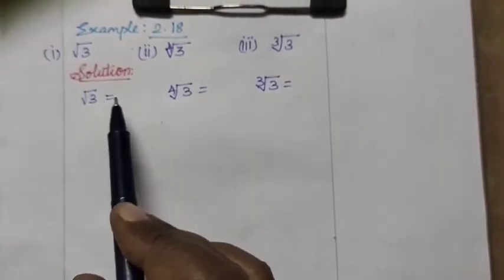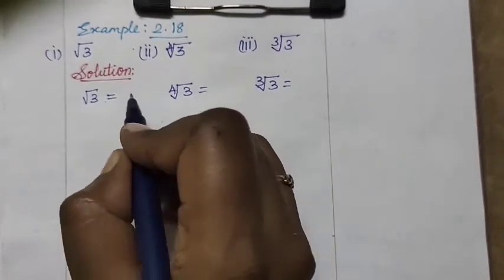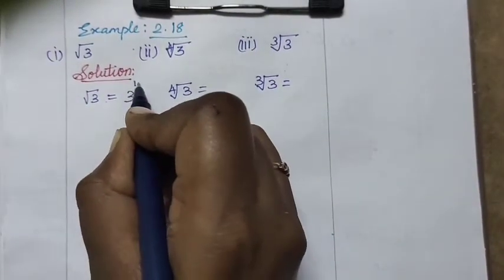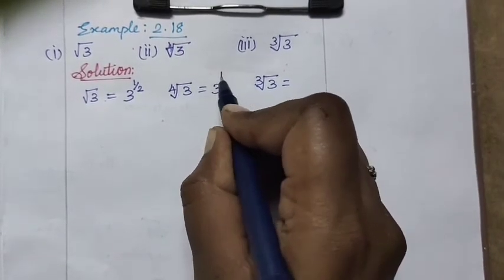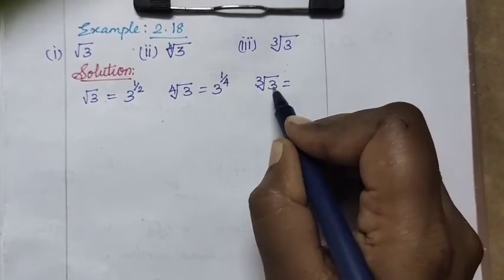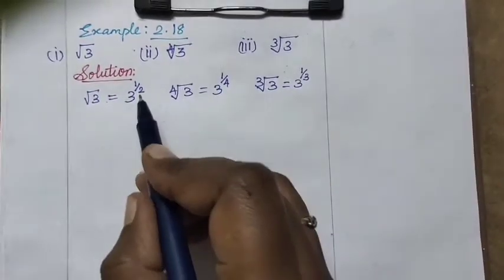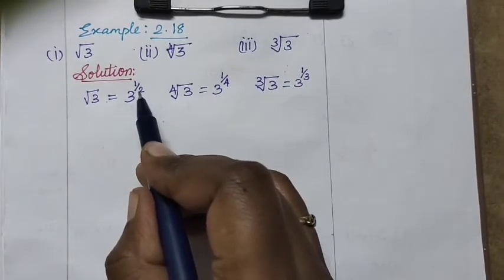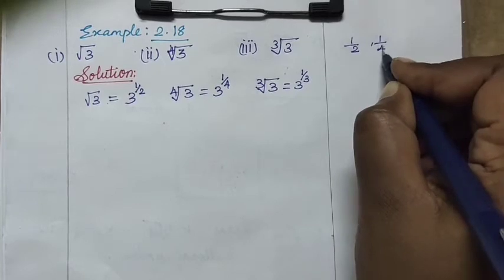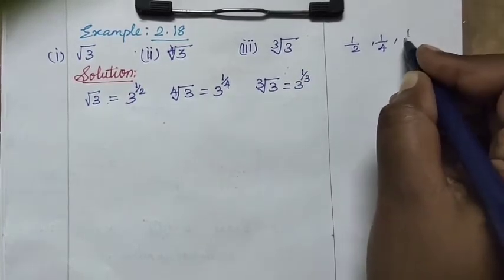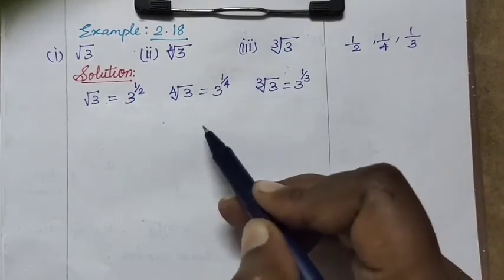See here, root 3. We can write it as 3 to the power 1 by 2. Here 3 to the power 1 by 4. Here 3 to the power 1 by 3. So 1 by 2, 1 by 4, 1 by 3. Different orders.